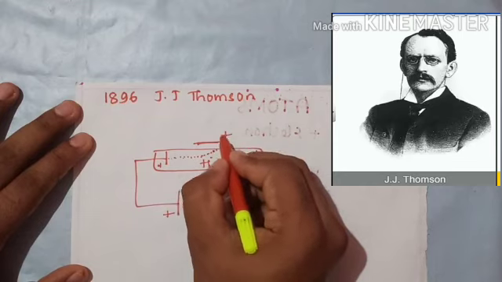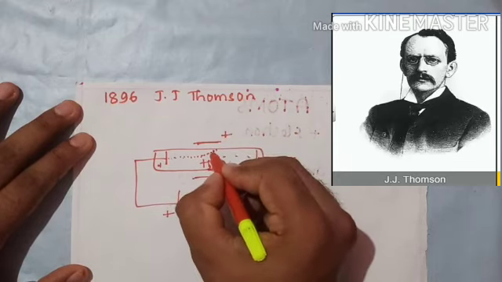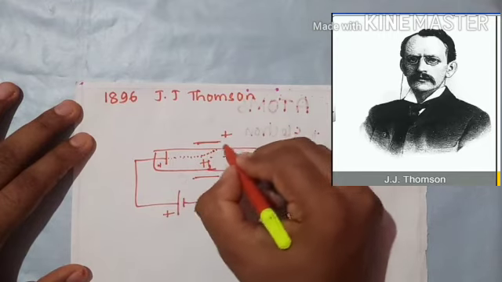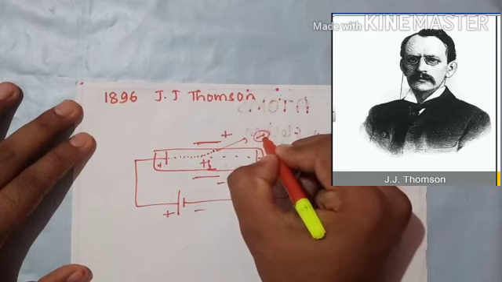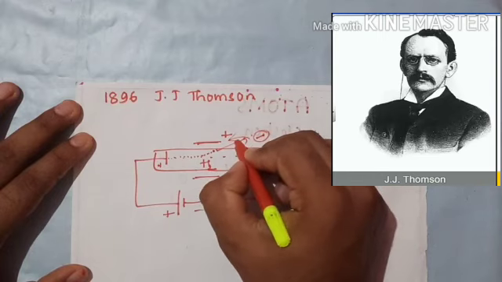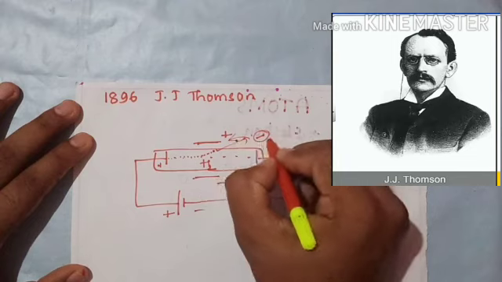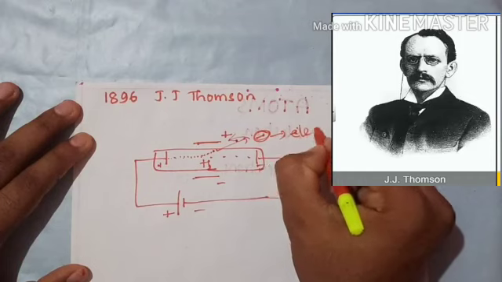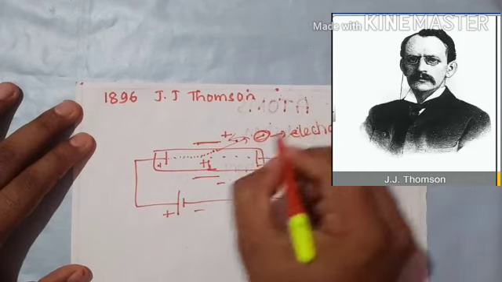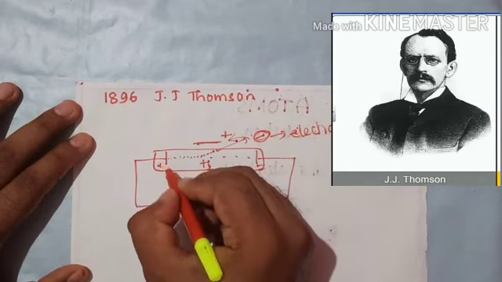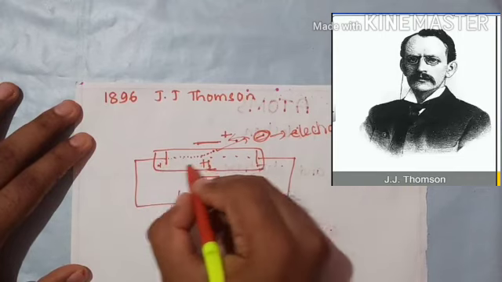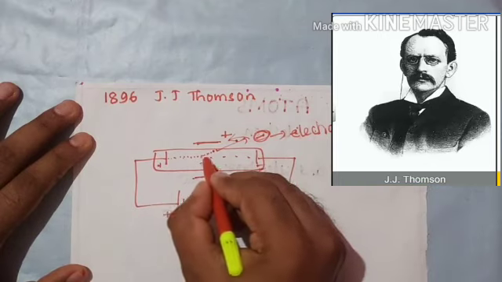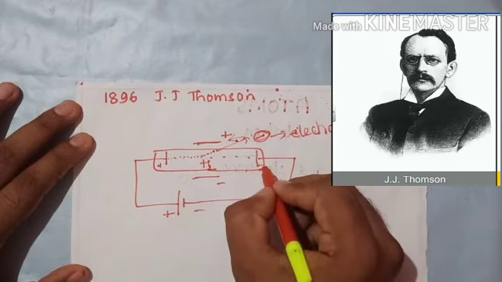He concluded that some charges are present here. These are negatively charged particles, attracted toward the positive electrode. He named these negatively charged particles electrons. He said that the atom is not indivisible, it can be divided into negatively charged particles and positively charged particles.